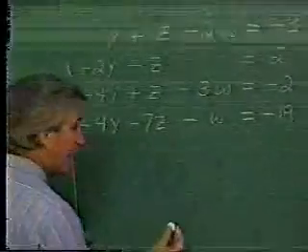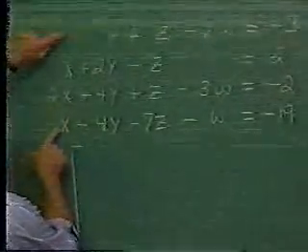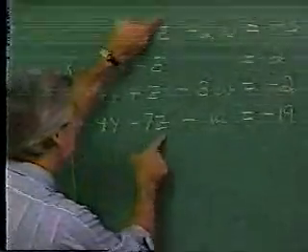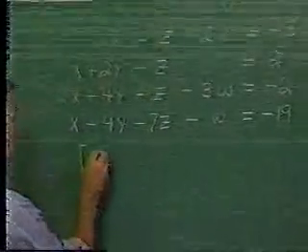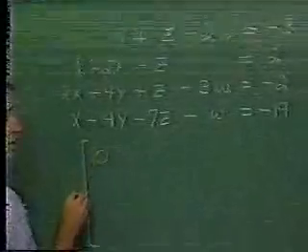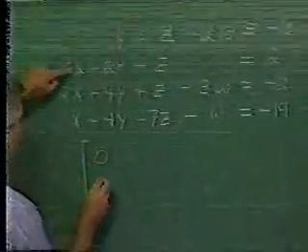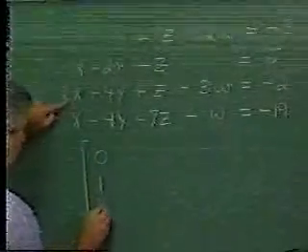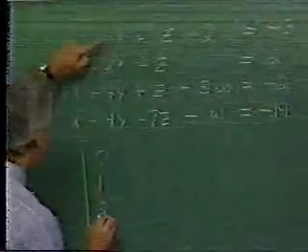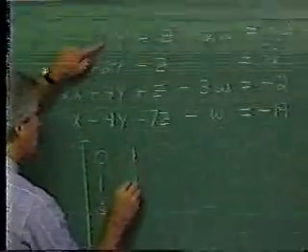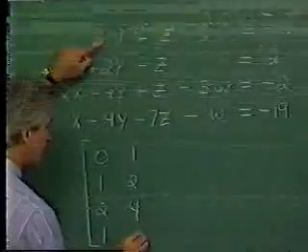Now, in order to do that, we simply write down the coefficients involved for the x's, the y's, the z's, and the w's. Here I have no x's in the upper left-hand corner, so I'll enter a 0 for that position, and then a 1, and a 2, and a 1. You see, and down the y's, I've got a 1, 2, 4, negative 4.